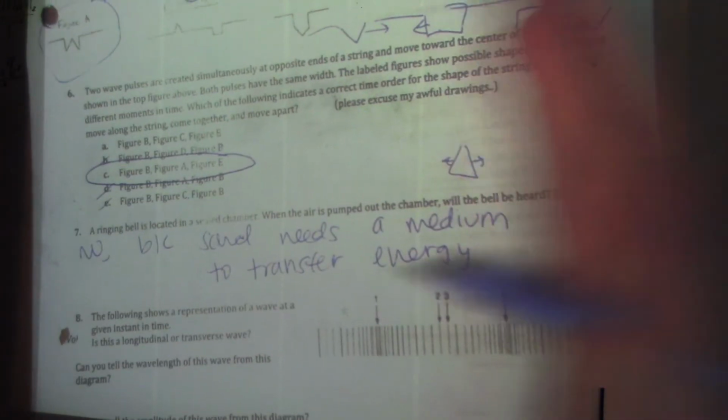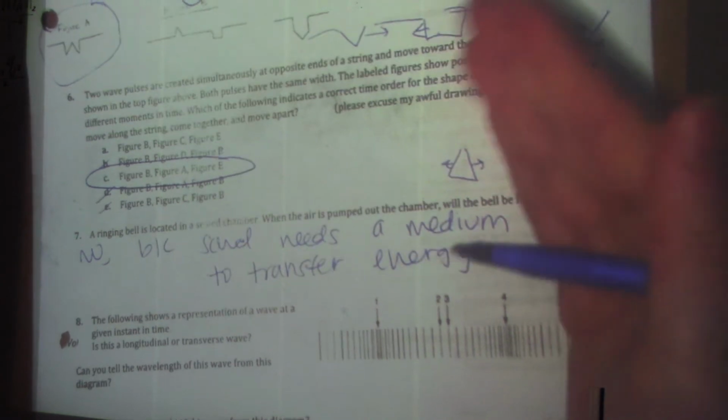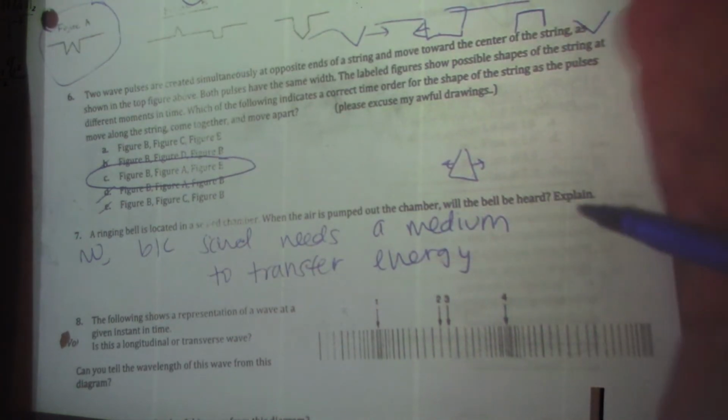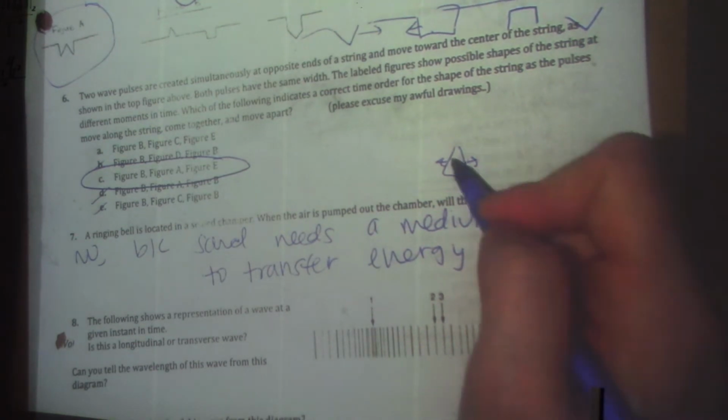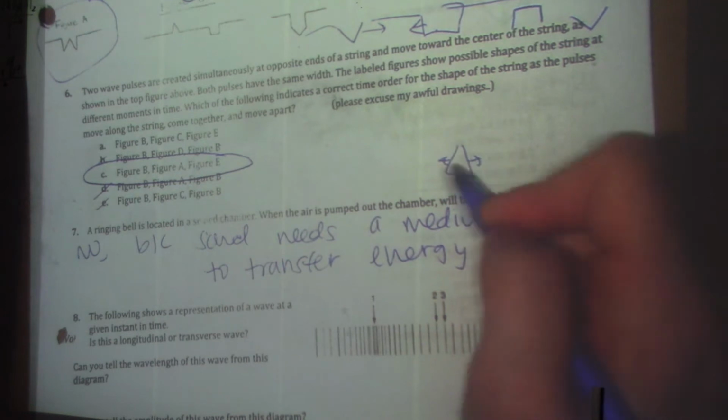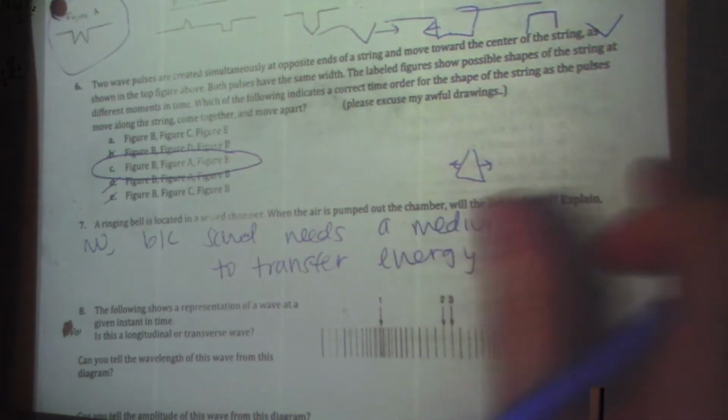So what's happening when the bell rings, it's causing the molecules in the bell, obviously, to go side to side, which would cause the air molecules next to it to go side to side, which causes the air molecules next to them to go side to side, until the air molecules next to your ear are going side to side, and your eardrum will interpret that. But if there's no air molecules, then it's just the bell that is going side to side. They're not hitting any air molecules, so that energy can't be transferred.